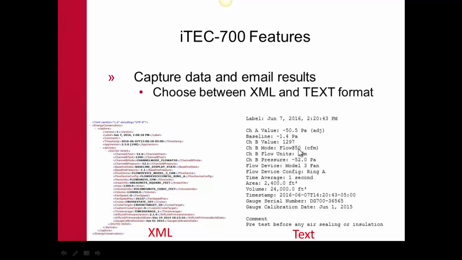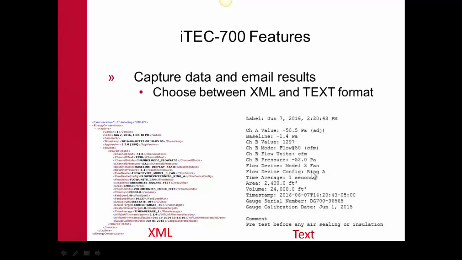So if you're in CFM 50 when you do the capture, it'll give you 1297 CFM 50, and the flow units, whether they're in CFM or whatever they're in, and the channel B reading. So you see your baseline and your pressure reading, and the mode was at CFM at 50, so that number being displayed is your CFM 50 number.